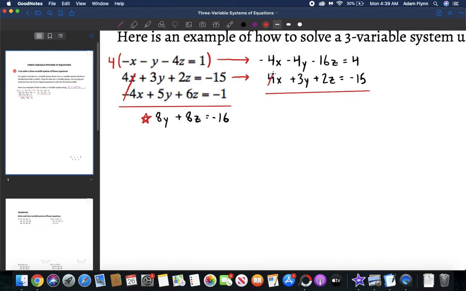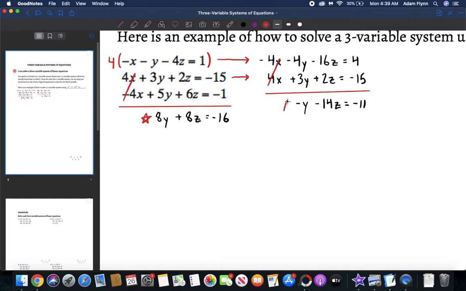When I do that, my x's eliminate, and I am left with negative 4y plus 3y, which is just negative y, or negative 1y. Negative 16 minus 2z is going to be a negative 14z. And 4 minus 15 is going to be negative 11.